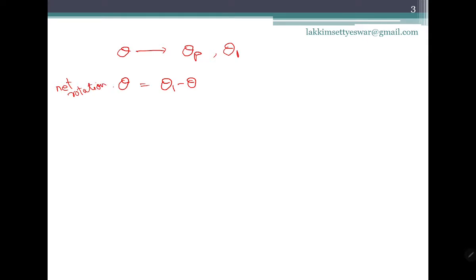The total elongation of the cable is 2 into eccentricity into theta. So from this elongation we can calculate the strain in the cable. Strain in the cable is equal to change in length by original length.